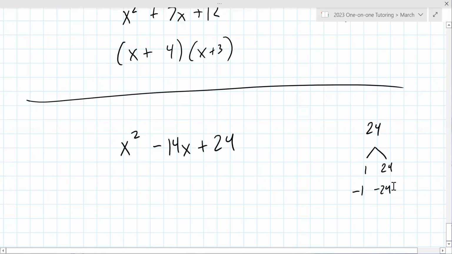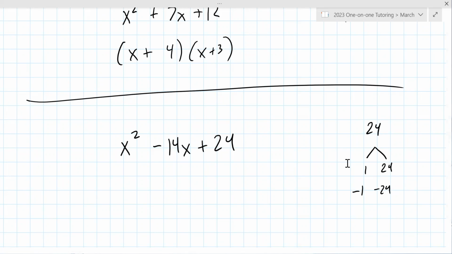Is -1 plus -24 a negative number? Yes. So this is the one where they have to both be negative. So it would be -1, -24.